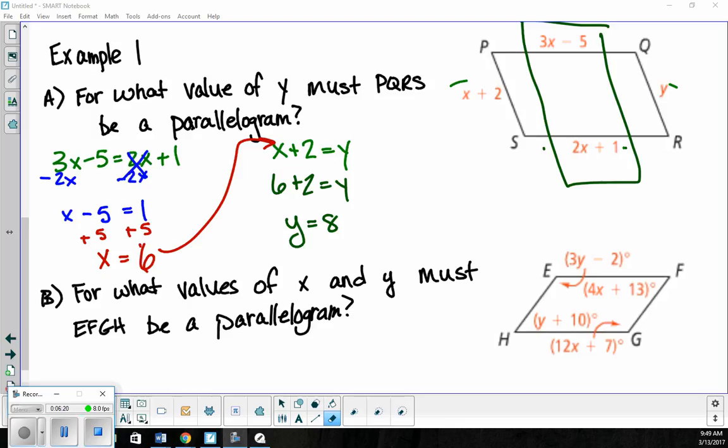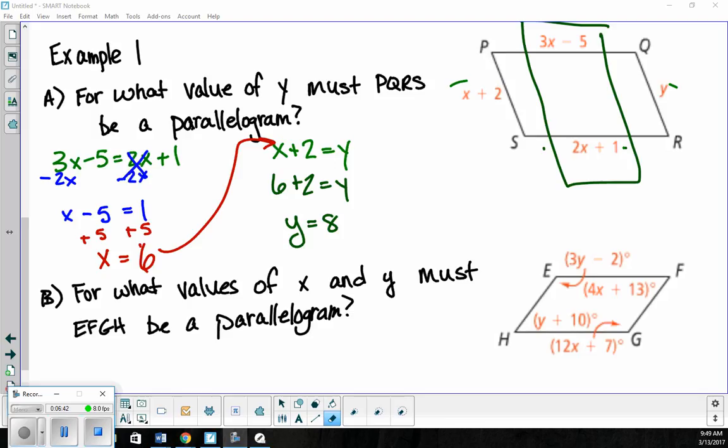Okay? You cannot combine numbers that have x's attached to them and numbers that do not have x's attached to them. So this 3 is being multiplied by some number that we don't know yet. This 2 is being multiplied by a number that we don't know yet. The 5 and the 1 are not.